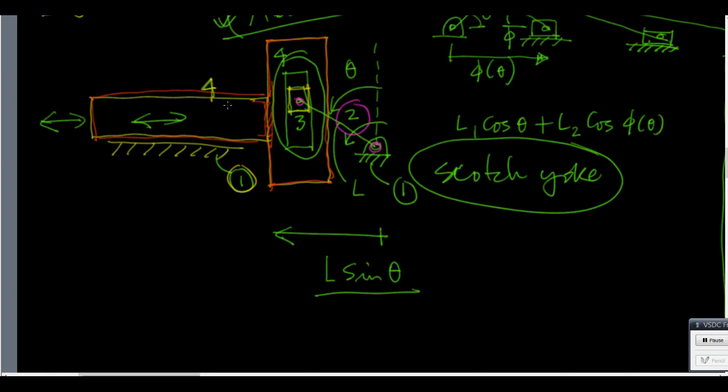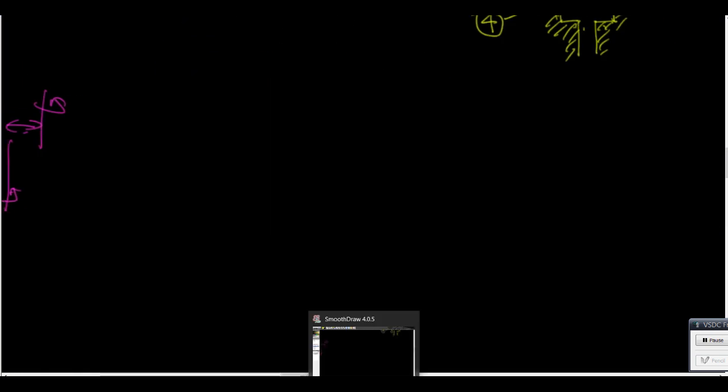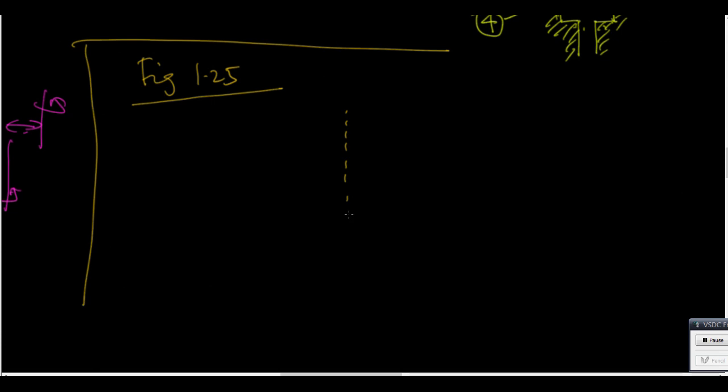Okay, and there is a third one which is called the elliptic trammel. We will do that also and stop this lecture. So here we are, elliptic trammel. What this one has is, I'm going to look at the picture, figure 125, and I'm just going to take a bit of a shortcut and indicate the midline of one slot here and the midline of another slot here.